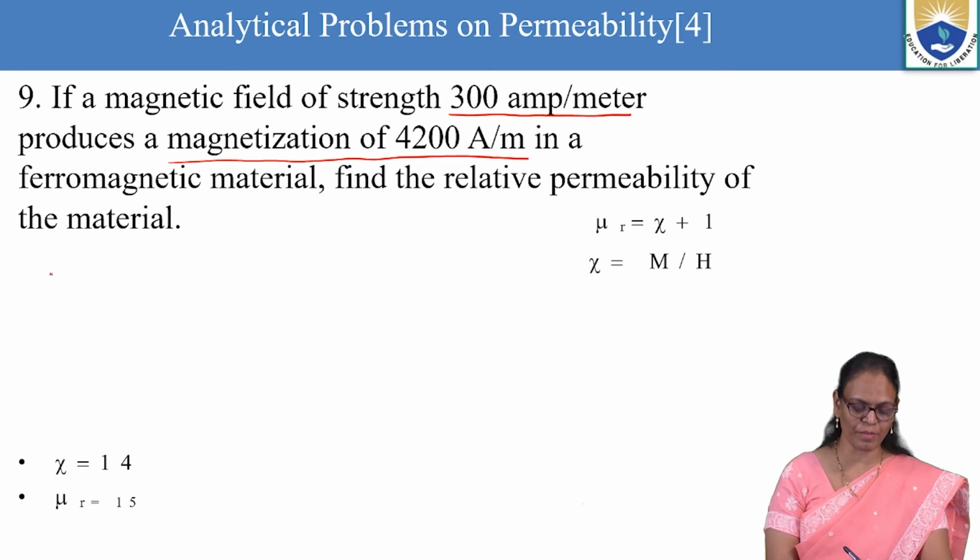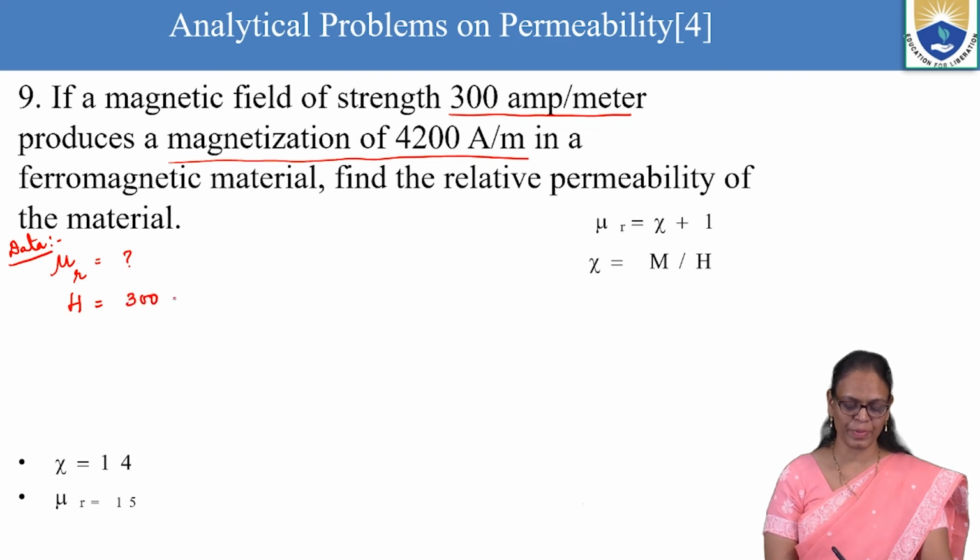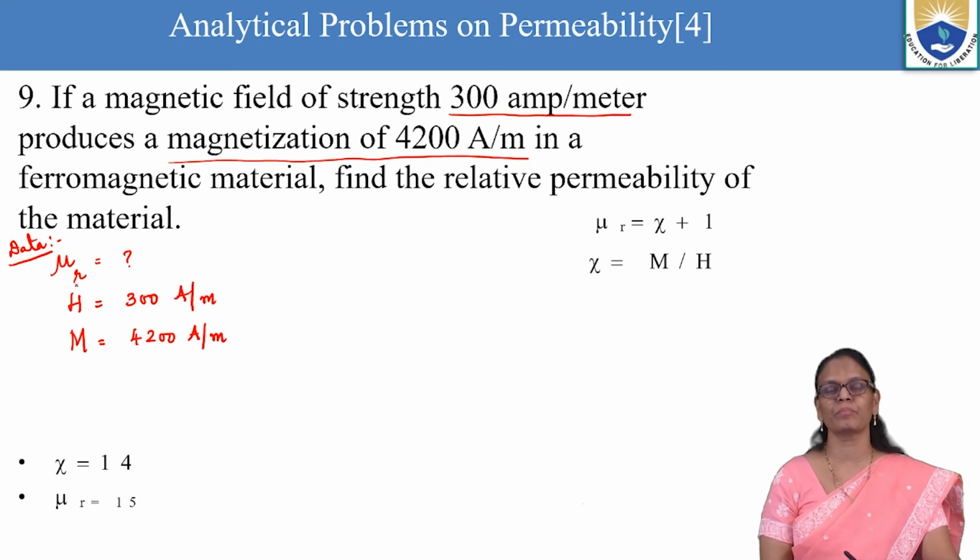We have to find mu r. We'll write the data first. What is given? H is given, 300 ampere per meter, and magnetization is also given, 4200 ampere per meter. So we have to find mu r.